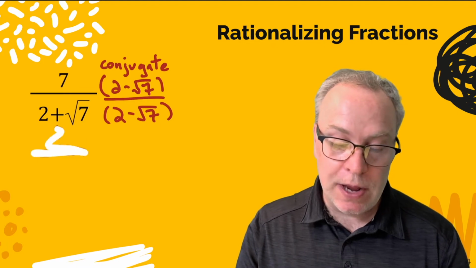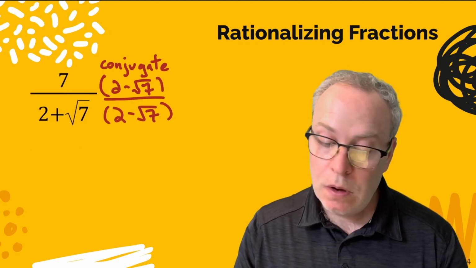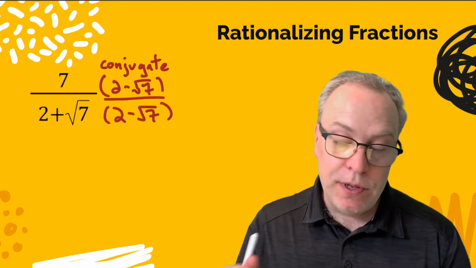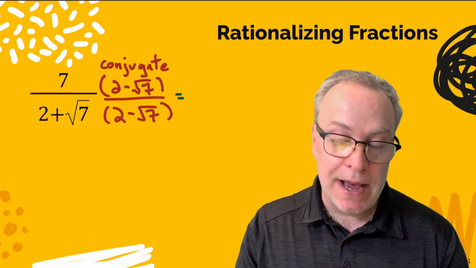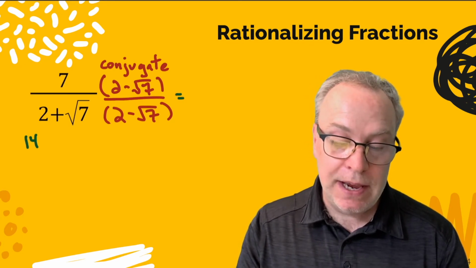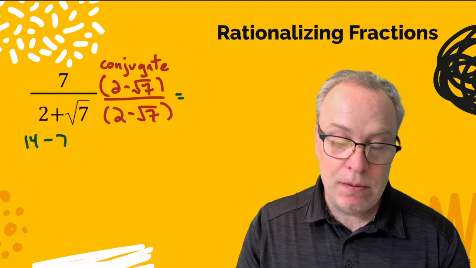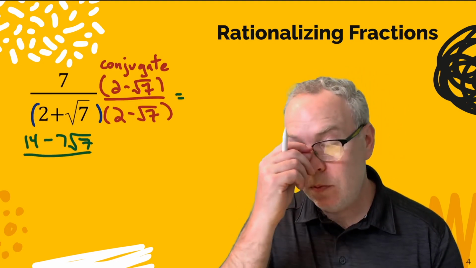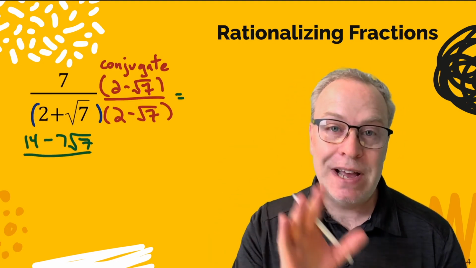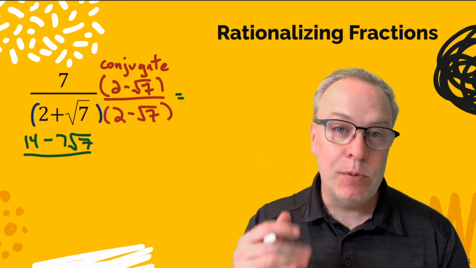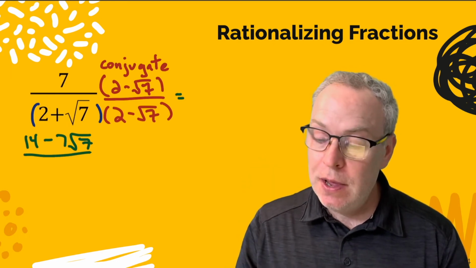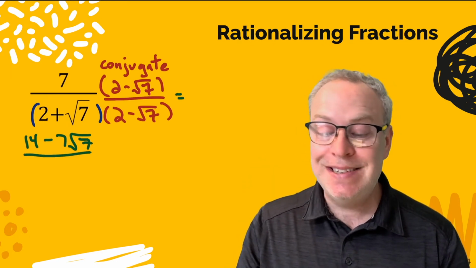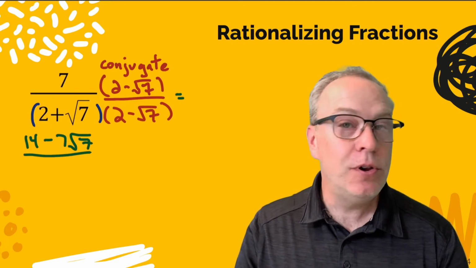Now I'm going to get this other one out of the way. Now on the top, you just do the distributive property like we did on the last problem, and we get 14 minus 7 radical 7. However, on the bottom, folks, this becomes a FOIL question. First, outside, inside, last from your work with polynomials. The good news here is this is a sum and difference pattern, so there won't be a middle term.